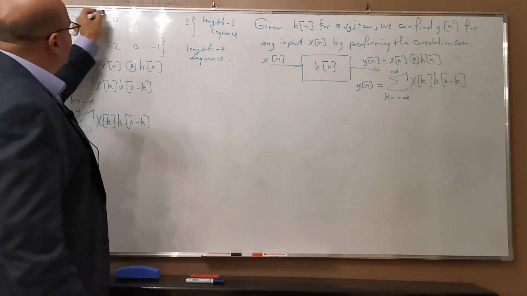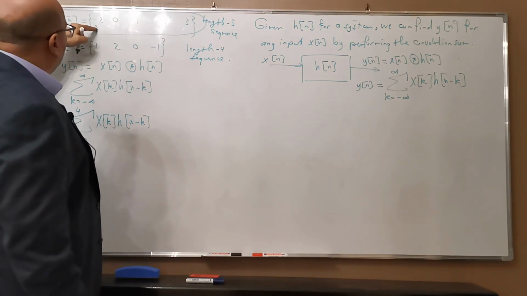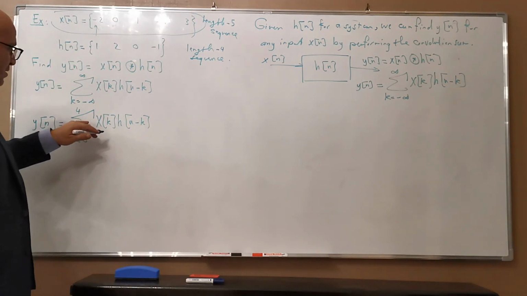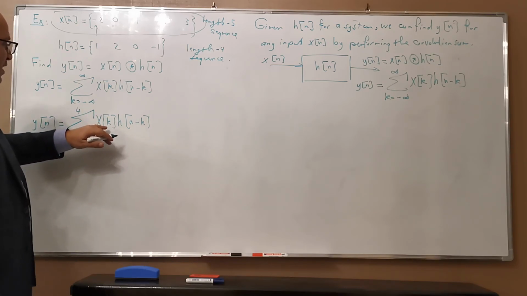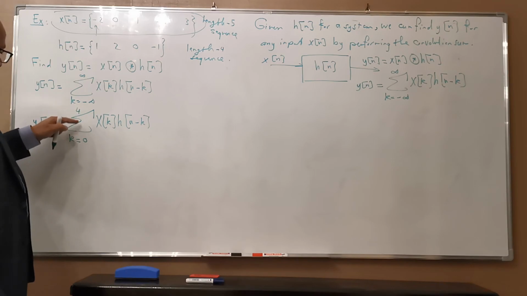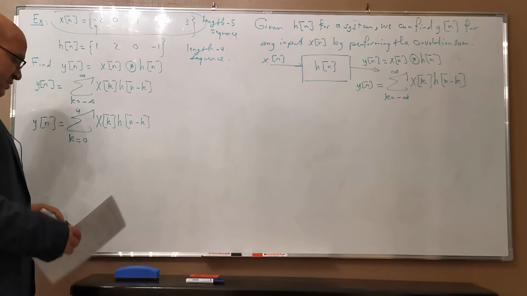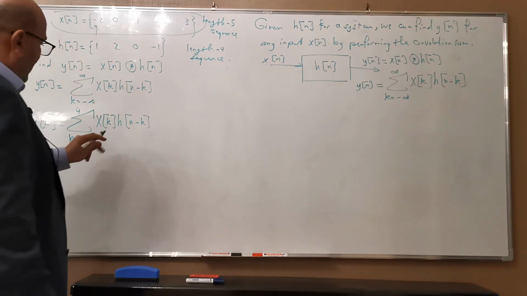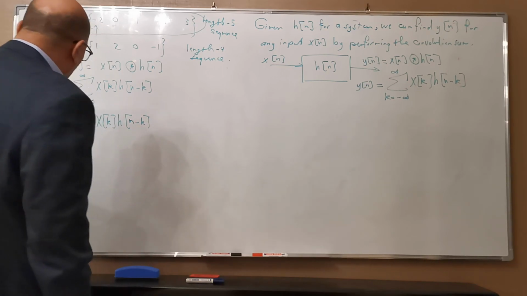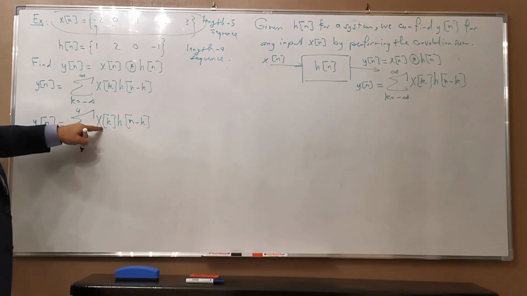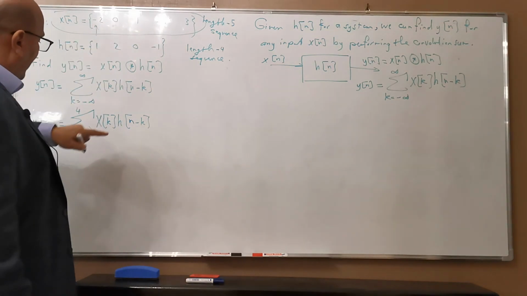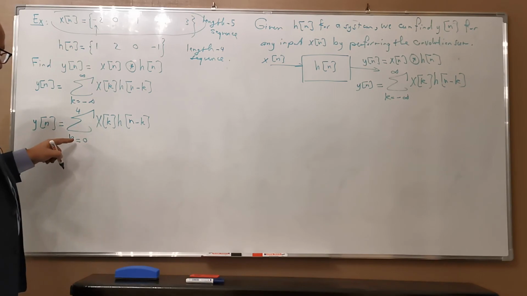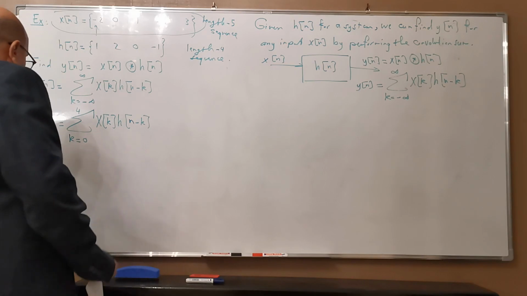Because this x here starts from 0, 1, 2, 3, and 4. Otherwise, x of k is equal to 0 outside this region. Okay? So this is my initial formula. This is how we start: we look at where x has non-zero values, and we put the index that gives x of k with non-zero values.